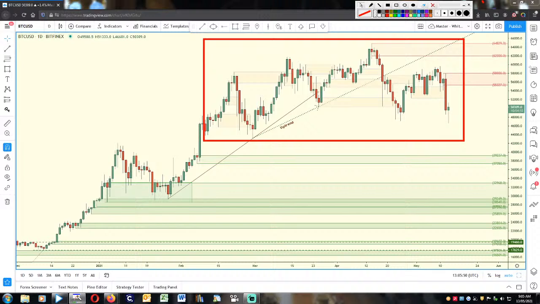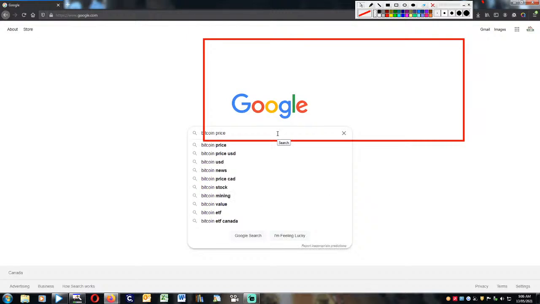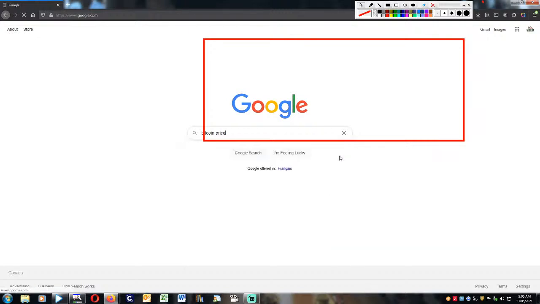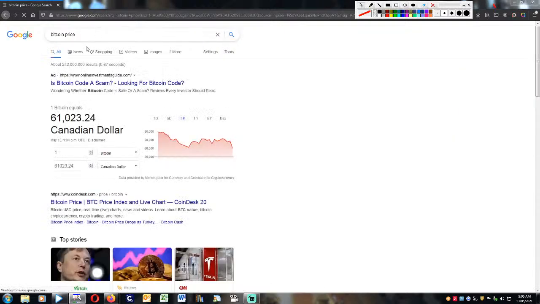So if you go to, let's just check it out and see what we find here. If we go into Google, this ranging started beginning of February. So let's type it in here, Bitcoin price news, and let's take a look here.